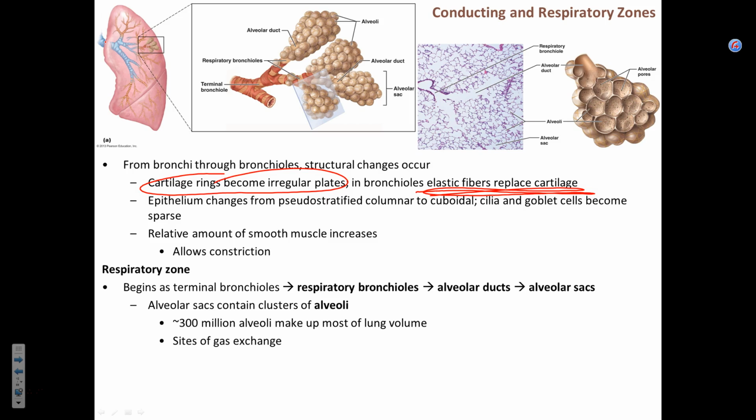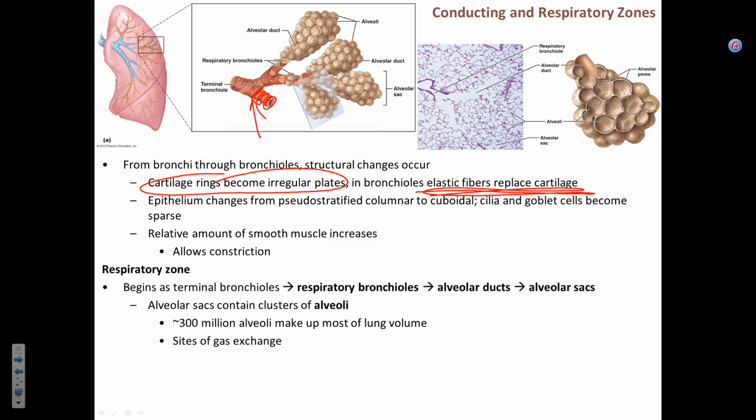And of course, the constriction happens due to the presence of smooth muscles. Now, this is a really, really small bronchus. You can see the ribbons, the layer of smooth muscle around it.